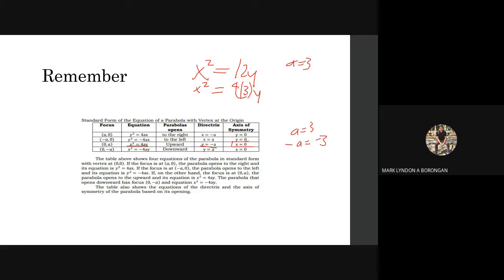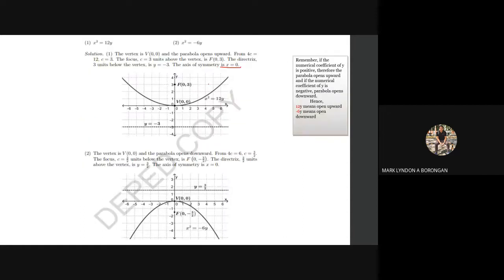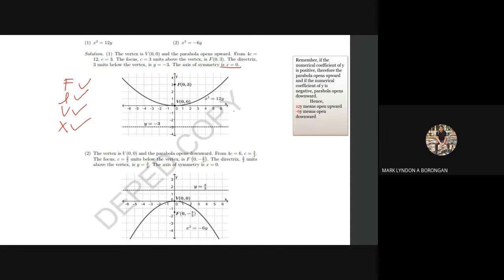So x is equal to 0. So we check our focus, our directrix, our vertex, and also our axis of symmetry. We have all of them, because that is what we were looking for: focus, directrix, vertex, and axis of symmetry.